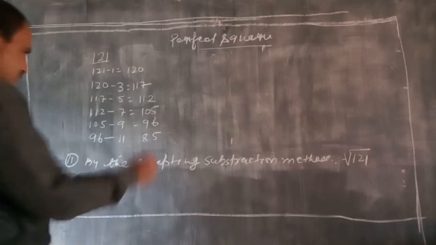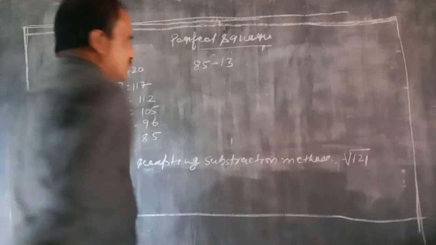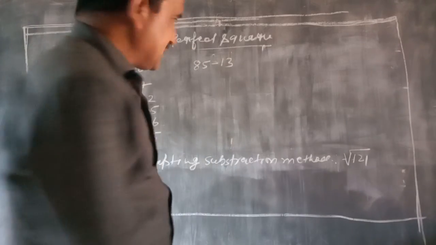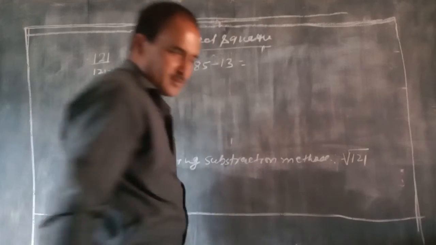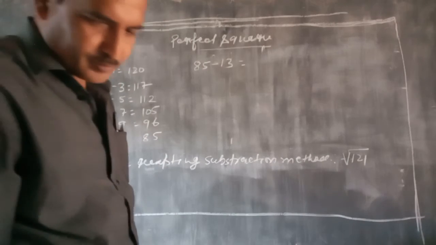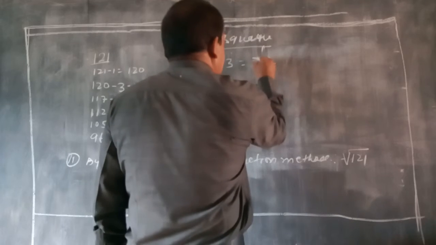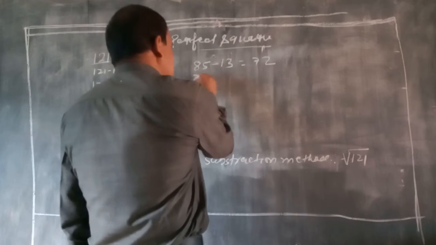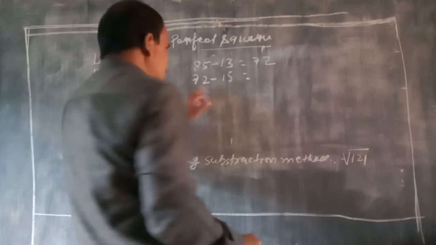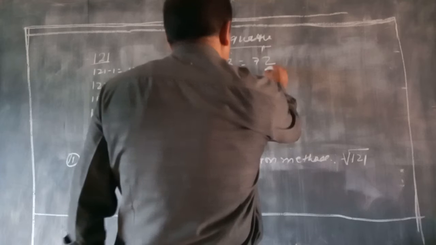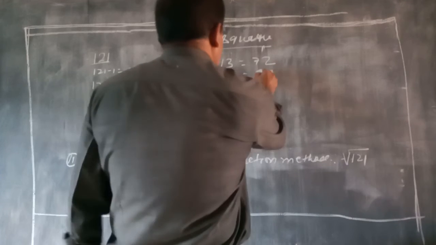Now see here, 85 minus 13 gives 72. After that, 72 minus 15: 12 minus 5 is equal to 7, and 6 minus 1 is equal to 5.